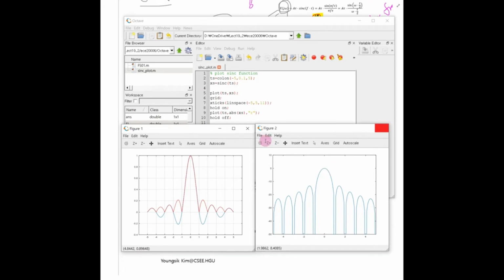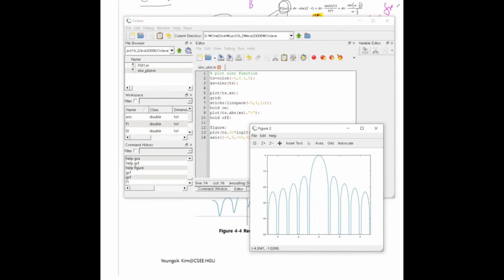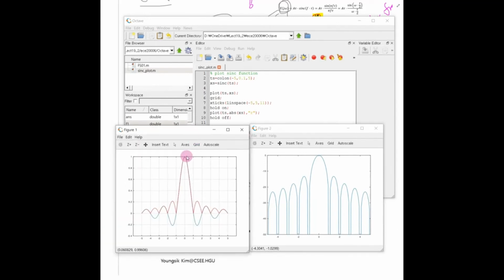I think this is better to understand. So this point corresponds to 0 dB, and think about the difference from the first sidelobe maximum point, the ratio from here to here.